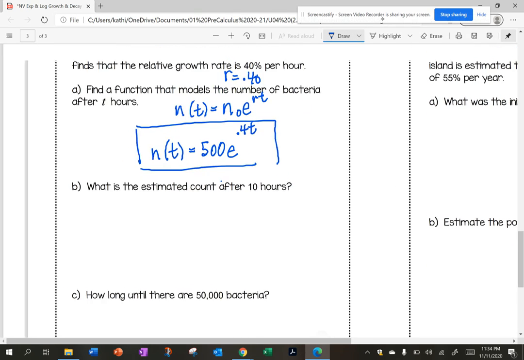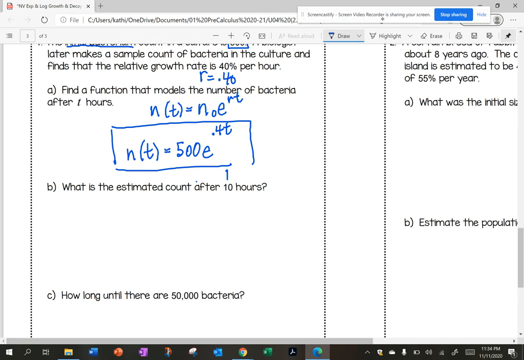So t equals 10. So N at 10 equals what? N at 10 equals 500 e to the 0.4 times 10.